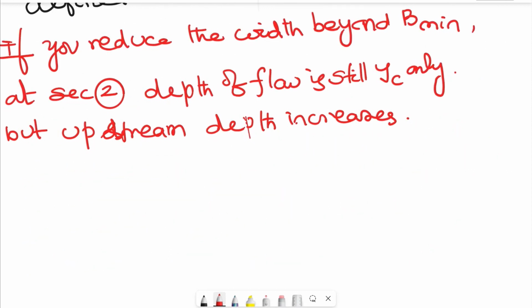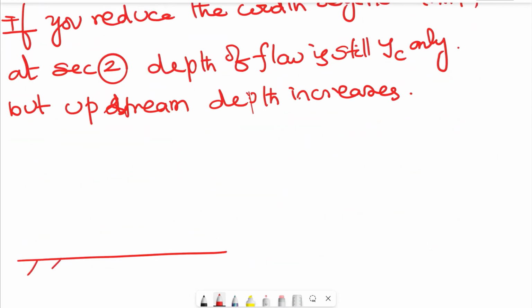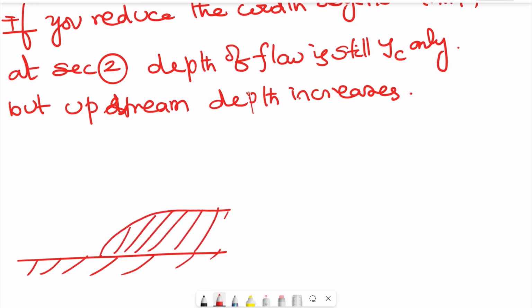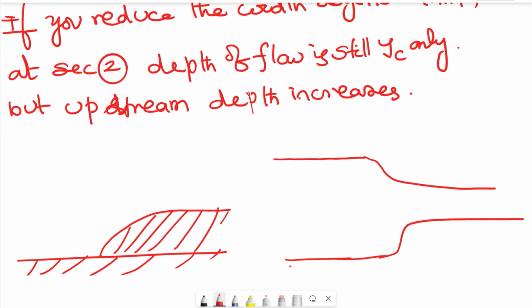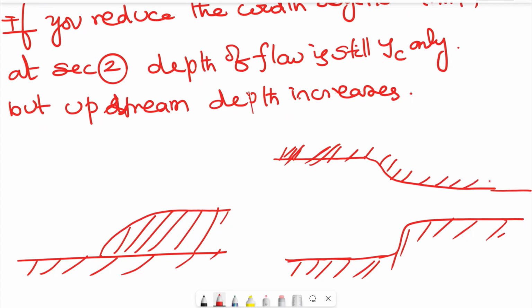So in both cases, whether it is a hump or a channel reduction, this is delta Z maximum, this is B minimum.